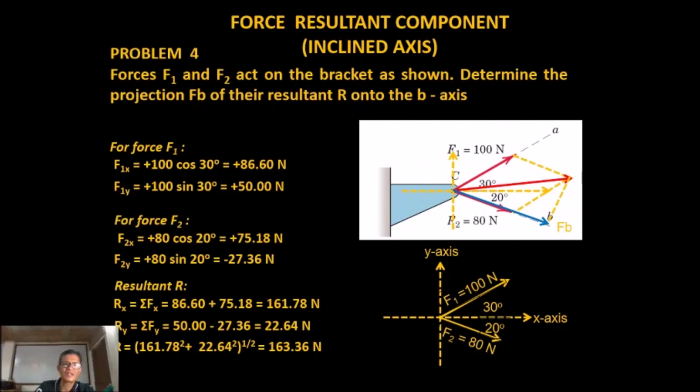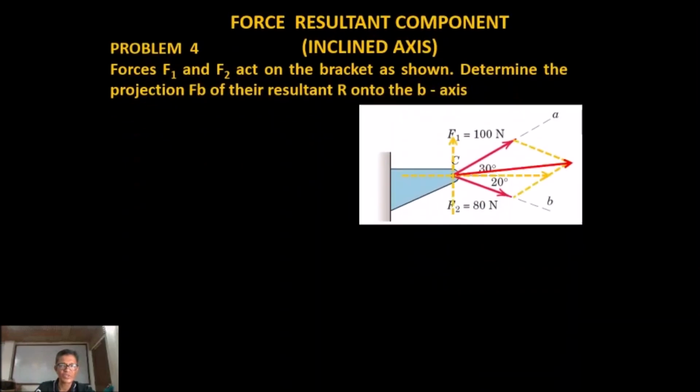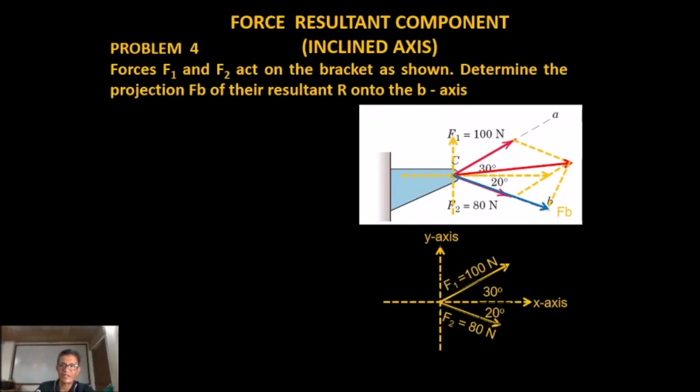So next, after solving for R, let's look at the question. Determine the projection FB of the resultant R onto the B axis. So, ibig sabihin, ang kukunin natin is yung FB or RB, the B component of R. So, ngayon, since meron tayo ng R, kukunin na lang natin yung component about the axis B. So, ngayon, for the continuation of the solution, let's solve first for the angle of inclination.